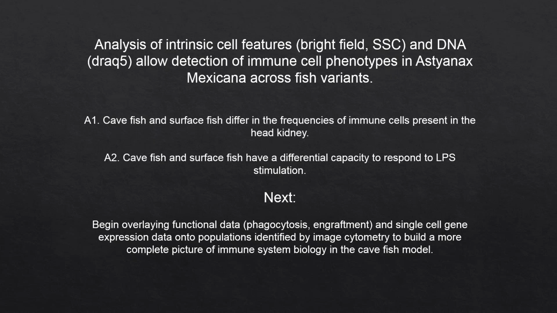So we can do an in vitro or in vivo phagocytosis assay, and then run this same type of analysis and overlay a phagocytosis positive readout. Say, okay, which of these populations are phagocytosis competent? Do some cell sorting, and then ask, are any of these populations capable of engraftment if we do, not bone marrow, but head kidney hematopoietic cell depletion in an animal, and try to rescue that.